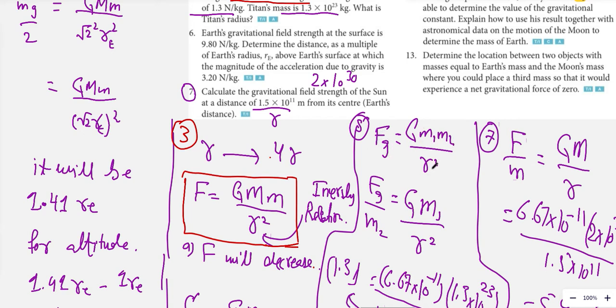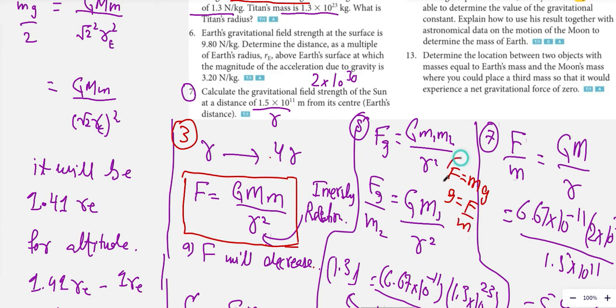And now if we put F is equal to ma or mg, we know that g will become F divided by m.